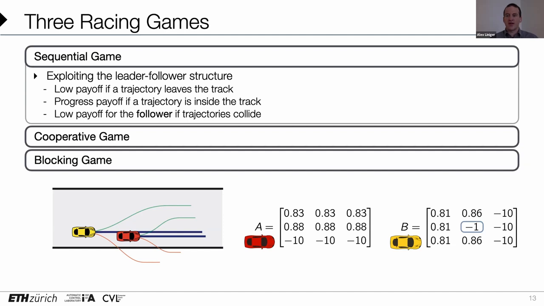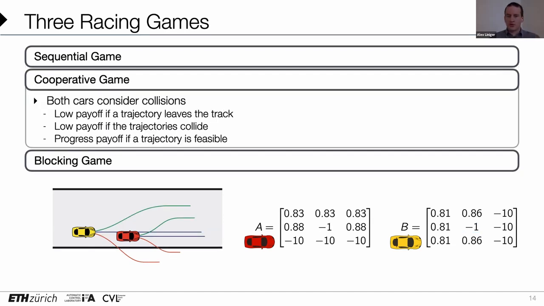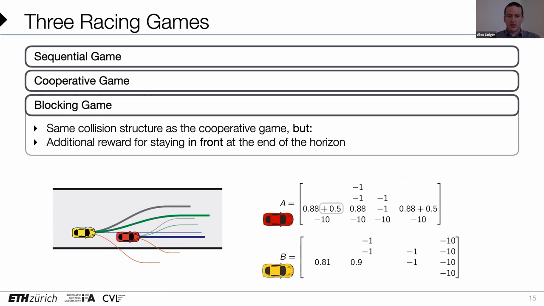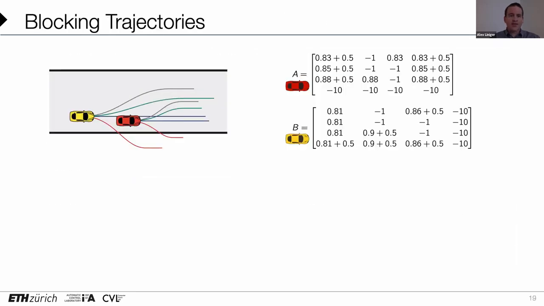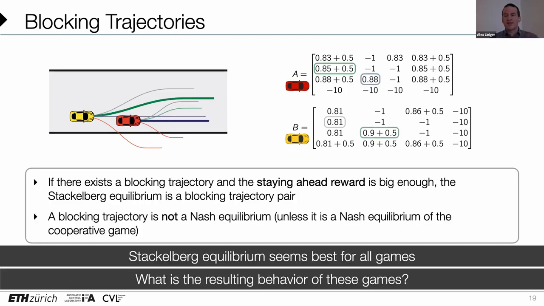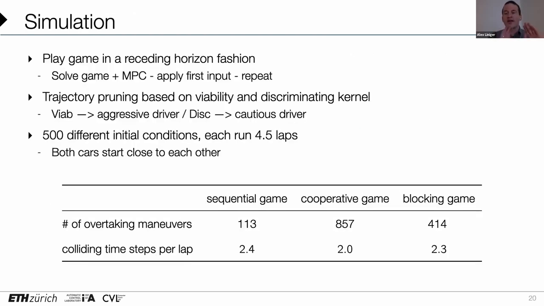This is what I try to show with this example here. Also in Formula One, once a car starts an overtaking maneuver, the other car needs to cooperate with it. If the leader car would just close the door, no matter what the other car is doing, it would result in a collision. That's basically the issue.